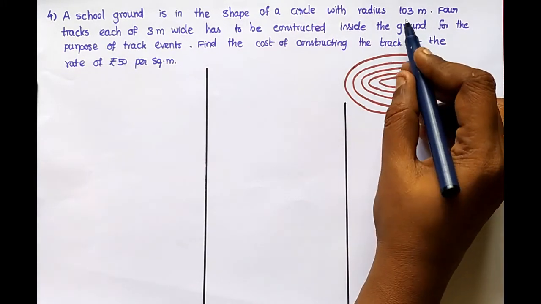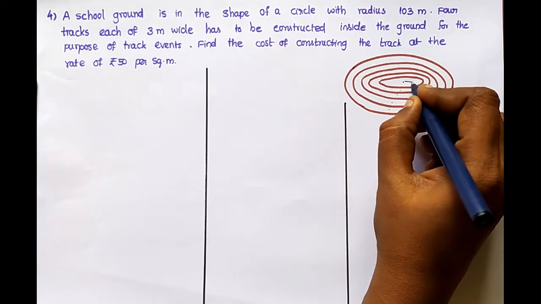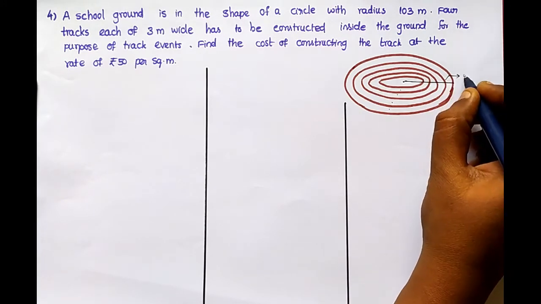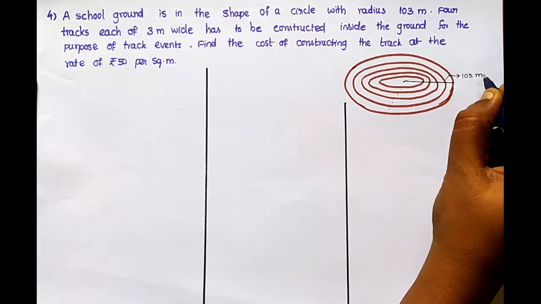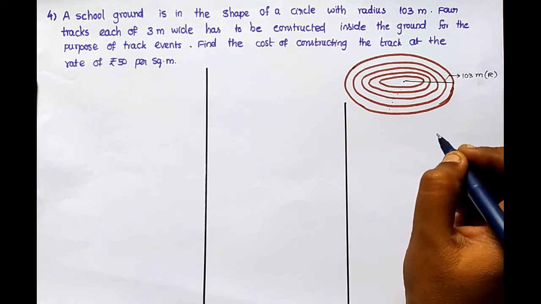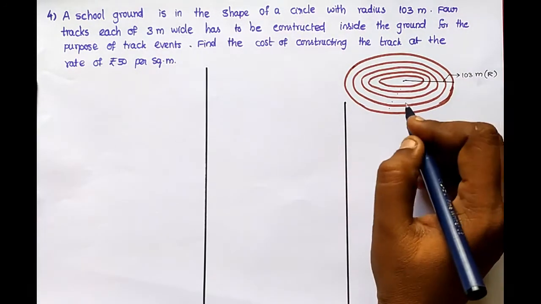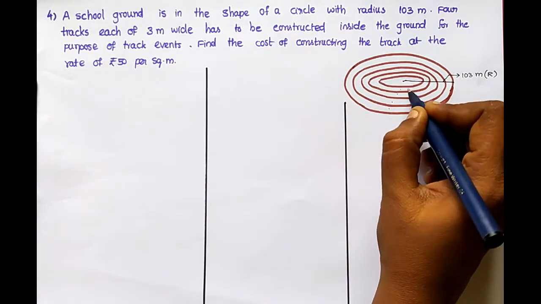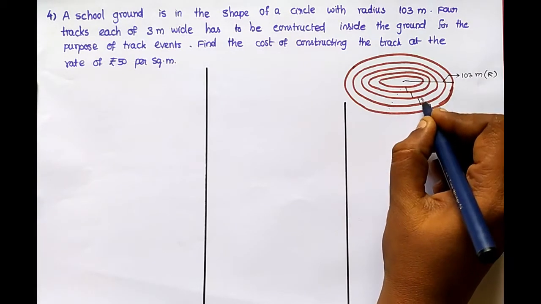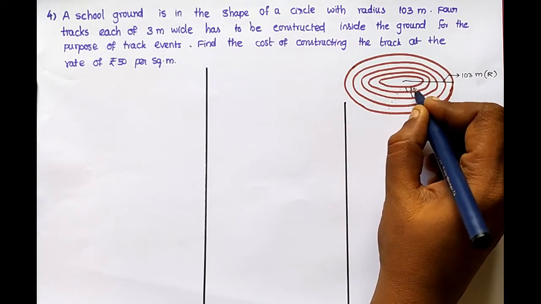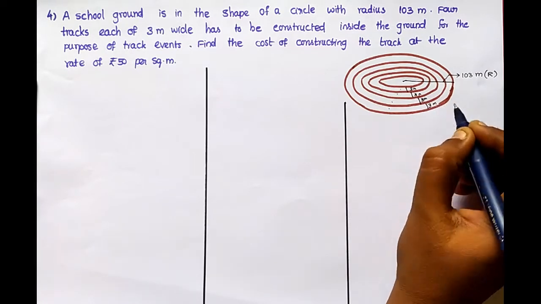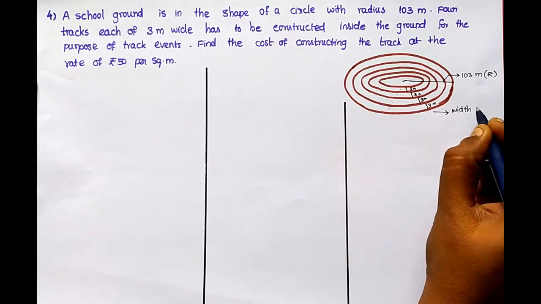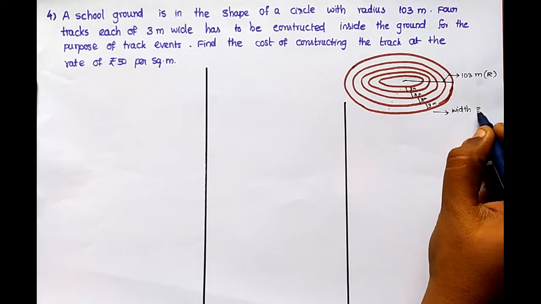The ground radius is 103 meter, that is capital R, right? Now each of the wide is 3 meter. So here 3 meter, 3 meter, 3 meter. So that is width, 3 meter.